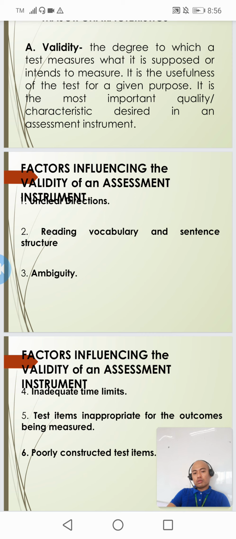So ito yung gusto mo ipagawa sa kanila, pero yung instruction mo is very ambiguous. So hindi na nila ma-interpret totally yung gusto mong ipagawa sa kanila. That is ambiguous statement or ambiguity. That will be a factor that contributes to the decrease of validity of our classroom test or classroom exam.